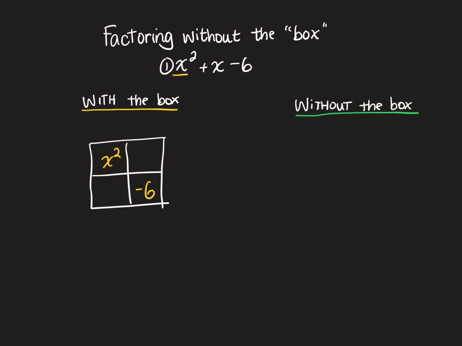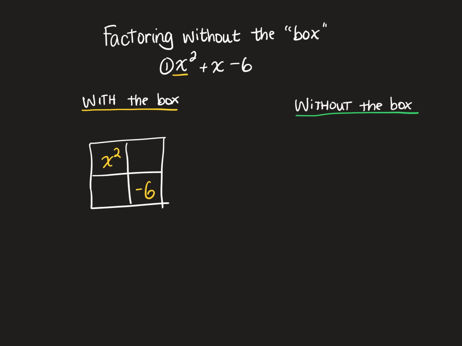Then what we're trying to do is figure out what two numbers we would put here and here so that they add up to our middle term of positive 1x. To do that, you have to take this term times this term.